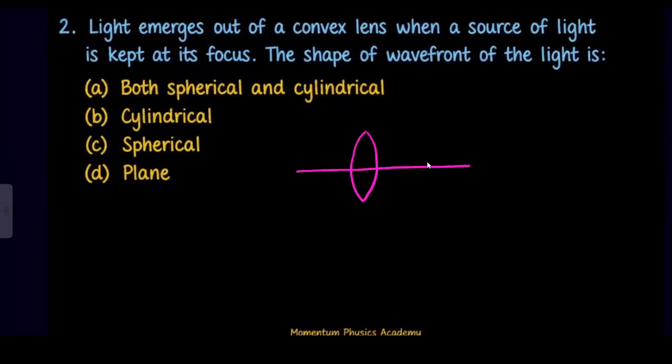So here the object lies at the focus. Then the light rays pass through the convex lens. After that, they will move to infinite distance. They will keep on moving like this. What type of wavefronts will it form?